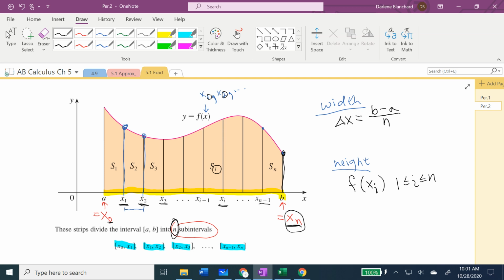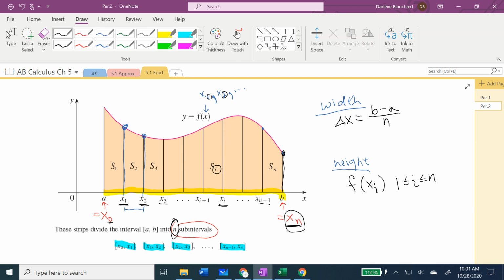Think about how much more complicated a formula gets if you have a subtraction in it versus not having one. The crazier the function, the more complicated it's going to be. So we use the right endpoint because it makes algebra easier in the end.